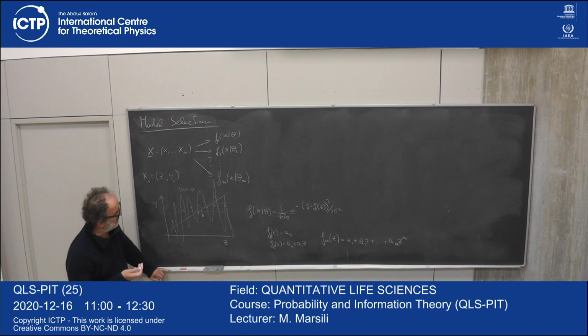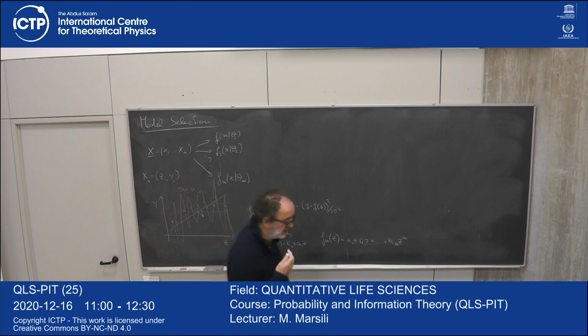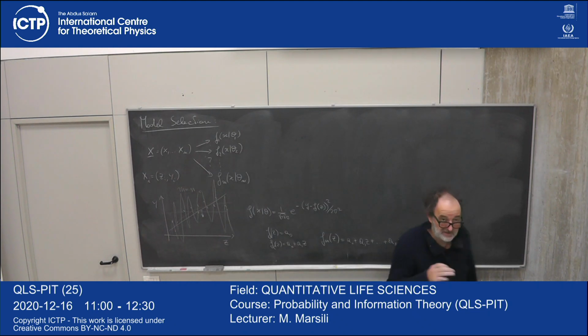Okay, and this is more or less what you would like. You would like that your model does not only fit the data well, but it also generalizes and it describes data that you have not yet seen.